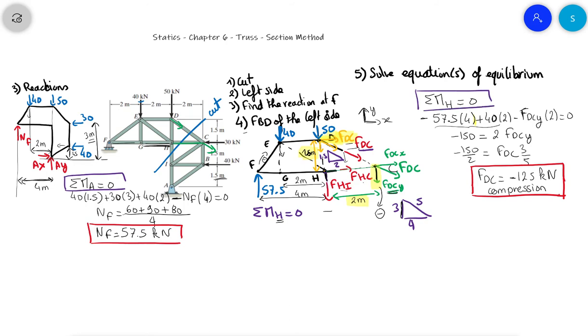We just solved 2 equations, so it limits a lot the mistakes that we can make if we have fewer equations. But for that, we need to pick the right equation. So take your time to do your free body diagrams to analyze which side of the truss you want to keep, which equation you can use. Can you use the moment, the force? Usually moments help you a lot.